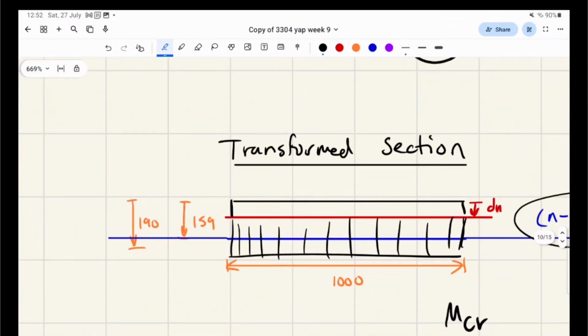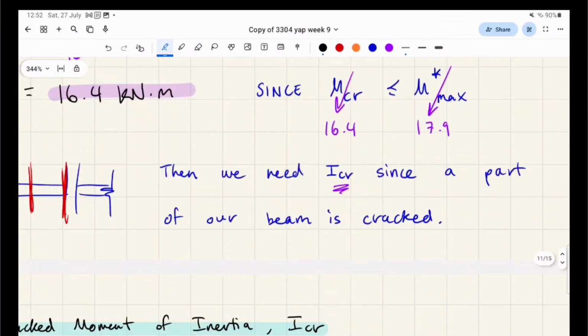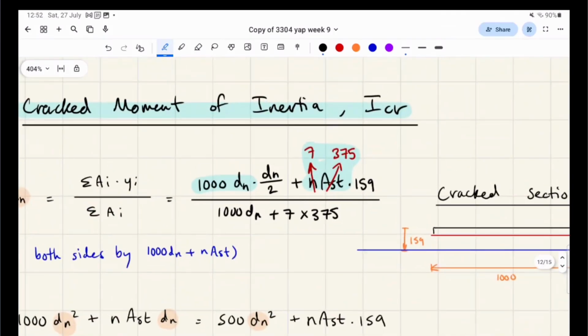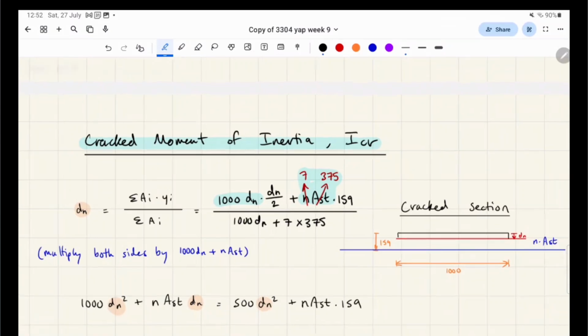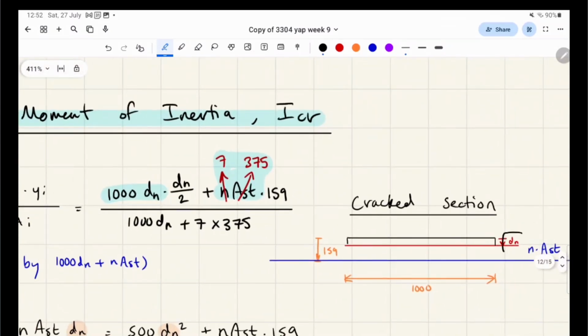That equilibrium point is going to be found using this quadratic kind of equation, because again, we have two things depending on the depth of the neutral axis now: the centroid formula and the actual depth of the concrete. That's why we have to solve a quadratic here.